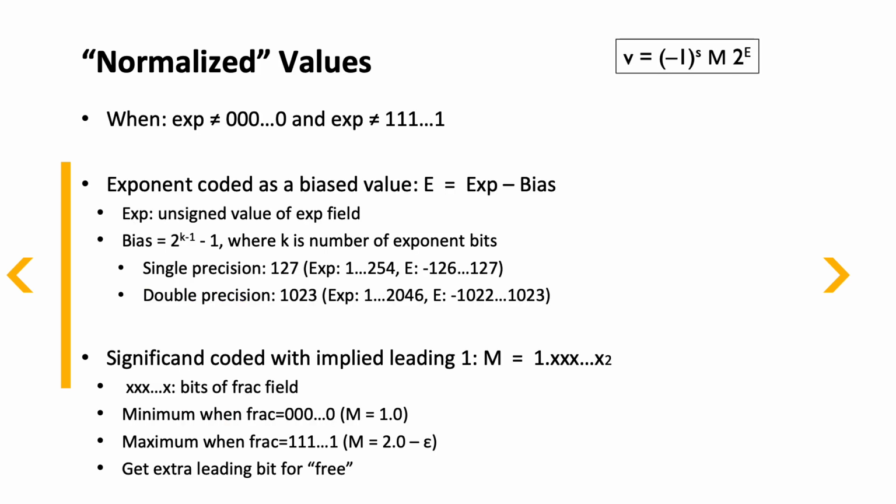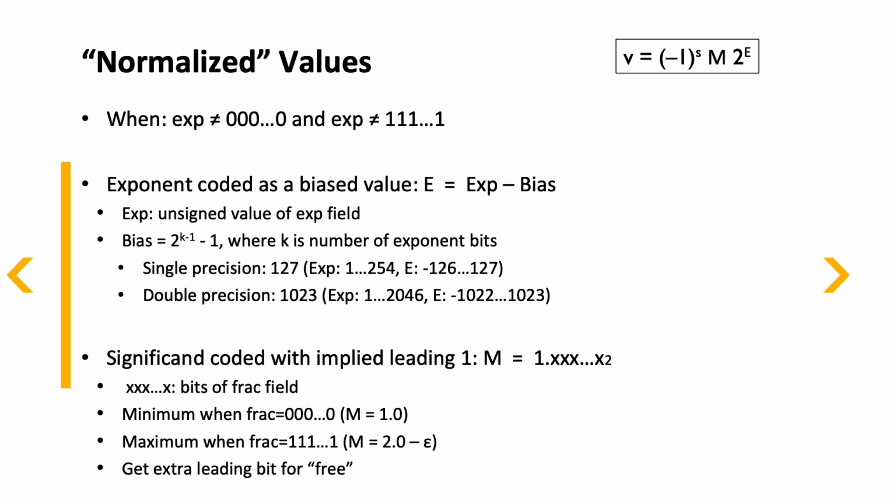Now, we've got several different kinds of values that we can represent with our floating point notation. These are normalized values, which we'll talk about in detail in this slide, and then we'll also talk about something called denormalized values, and then there are several special values. Now, there's some good news here.